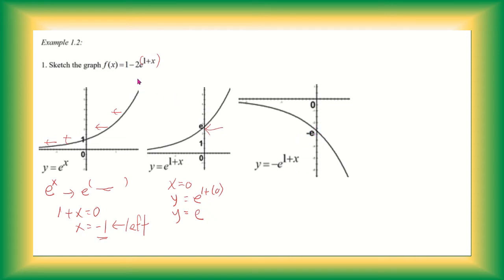Now after the reflection, we need to see, is there a constant multiplying with the function? We can see that there is a 2 multiplying with the function, so we need to carry out an enlargement with scale factor equal to 2, because under the y transformation, the scale factor is the same as the constant here, and we use the x-axis as the center.